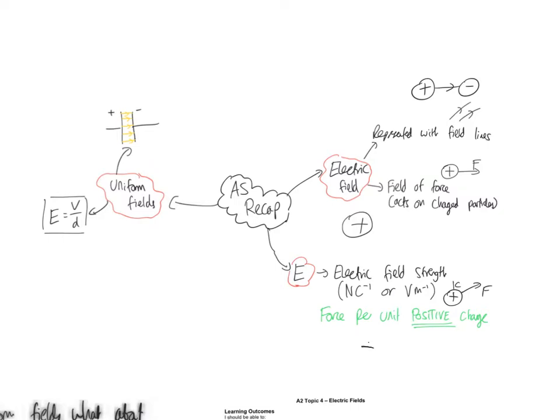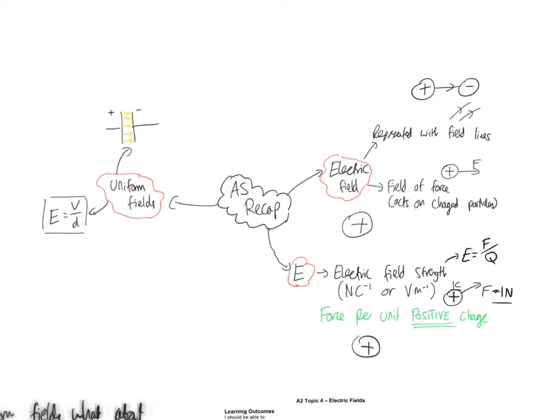Again, let's imagine we have a positive charge here creating a field. Let's say we put a 1 coulomb charge into the field over here. If that 1 coulomb charge experiences 1 Newton of force, then the electric field strength comes from this equation, E equals F over Q. It's the amount of force it experiences divided by the charge of that particle that we put into the field.